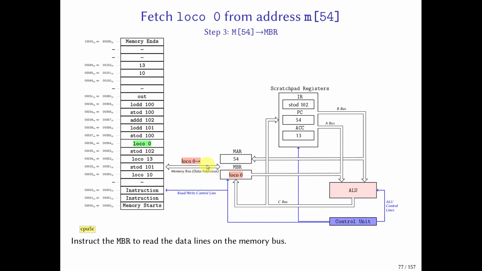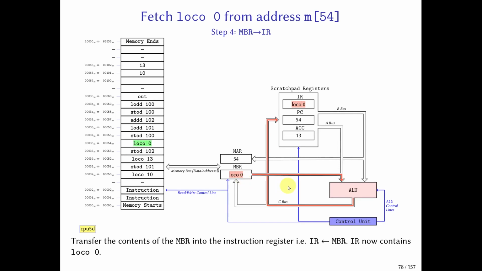The CPU then reads the data lines of the memory bus and copies the machine code instruction into the memory buffer register, and then the next step is for the contents of the memory buffer register to be copied up through the data path and brought into the instruction register like so.